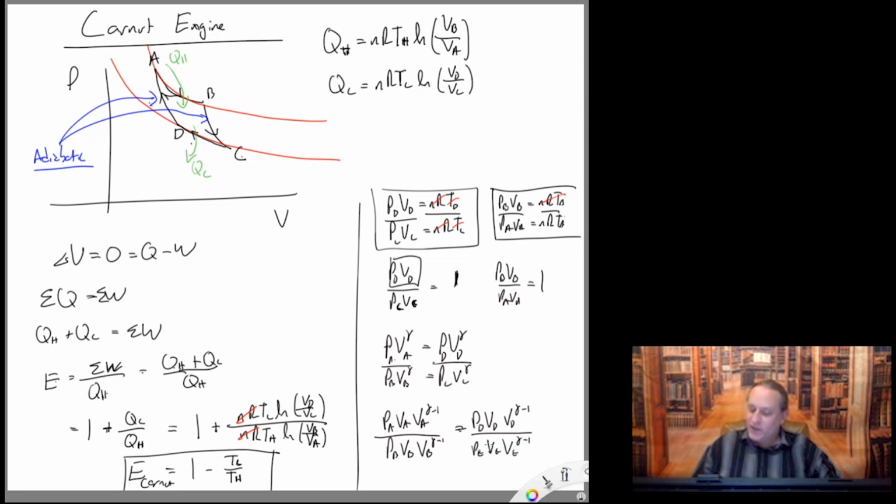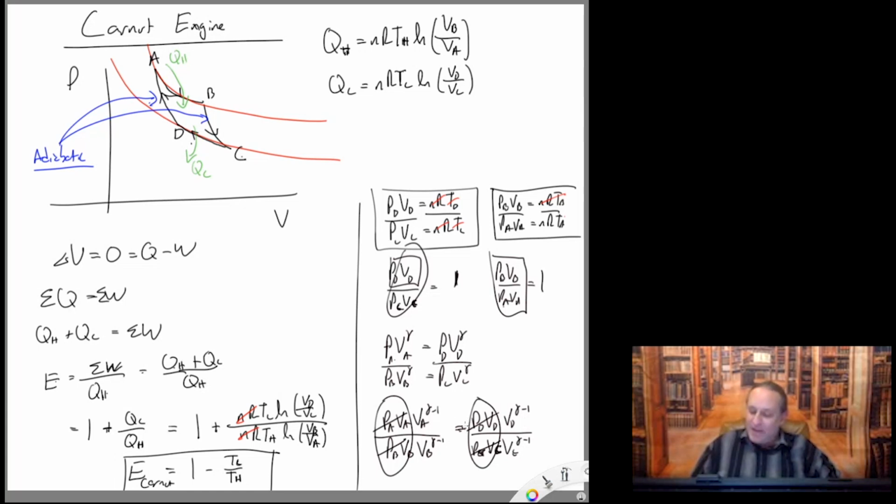Okay, so yeah, this is what we need to do. And because PD VD is equal to PA VA, I can cancel those two. So, and then we can also cancel these two. So this ratio is 1, that's there, and this ratio is 1. That's actually what's canceling.